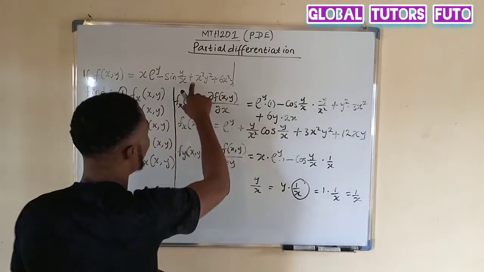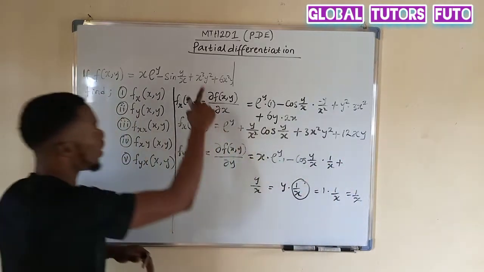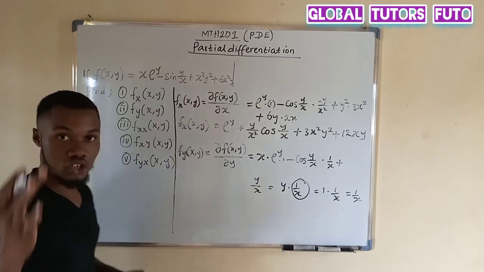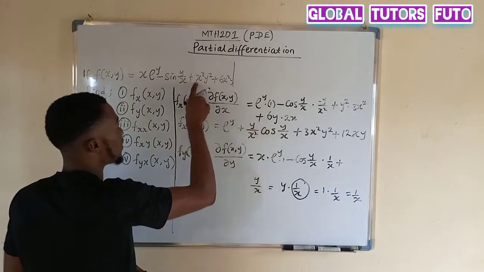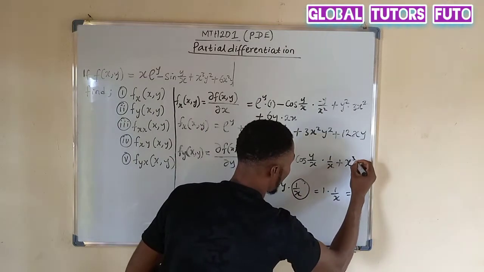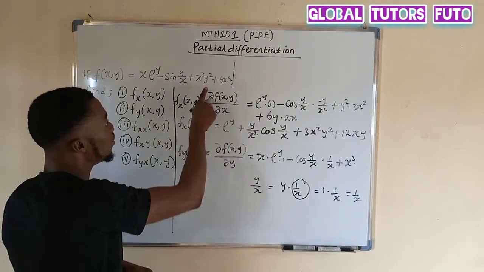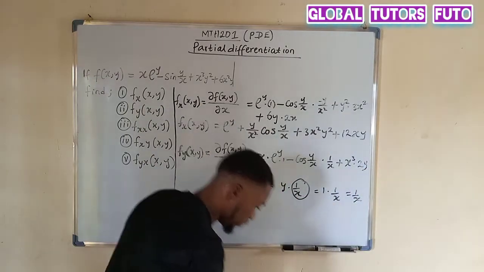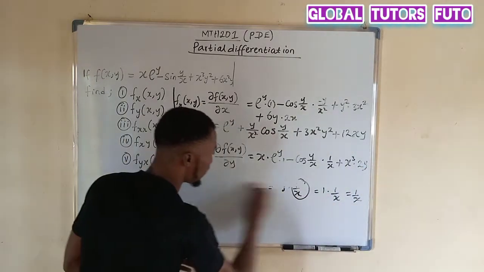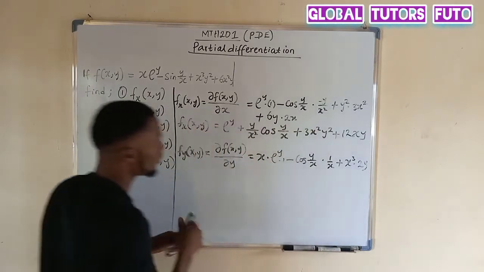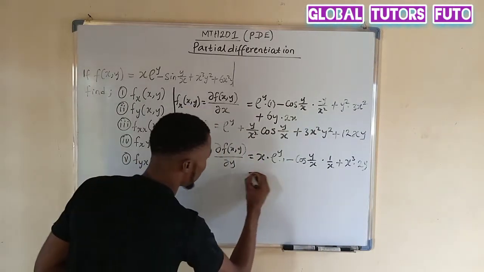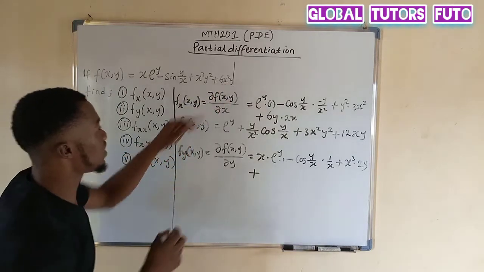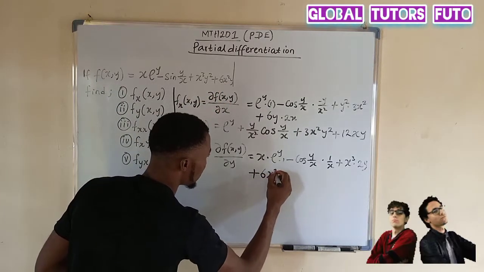So next, plus. Now we want to differentiate this partially with respect to y. So anything that is not y is automatically a constant. So our constant here is s raised to the power 3, times, if we differentiate y squared with respect to y, we get 2y. Plus, we're differentiating partially with respect to y. So our constant here will be 6x squared.